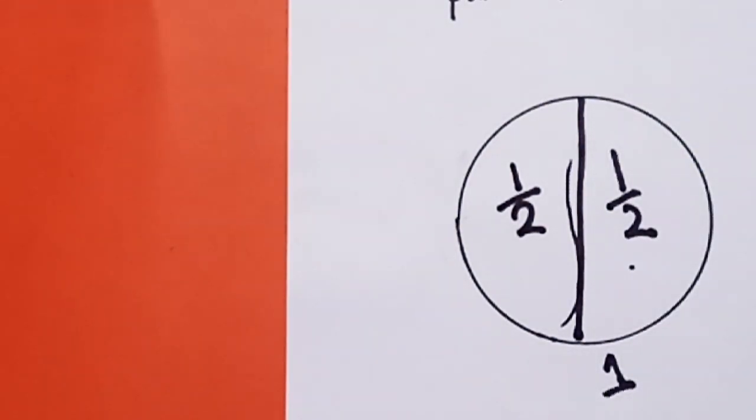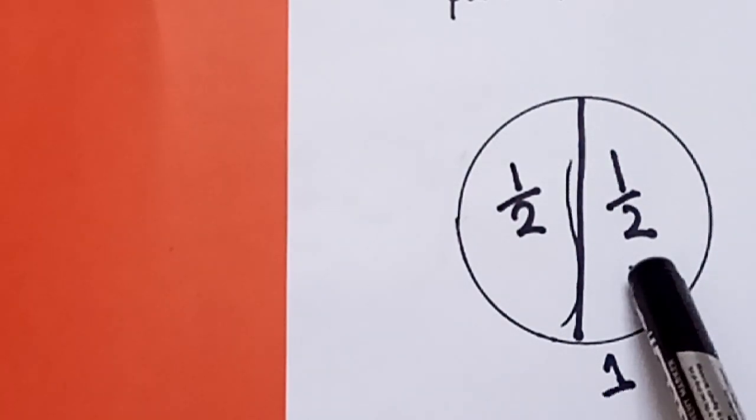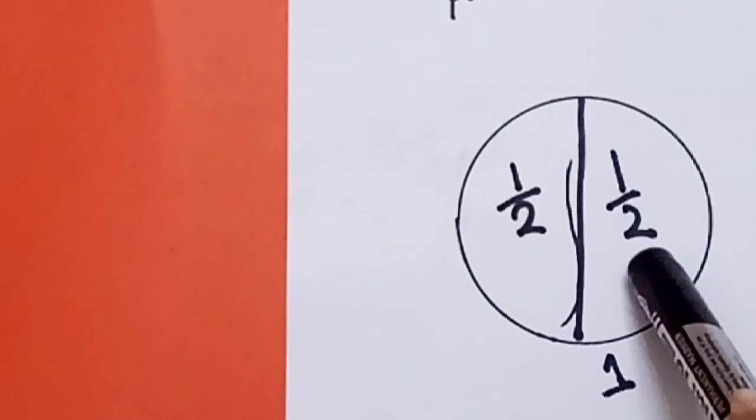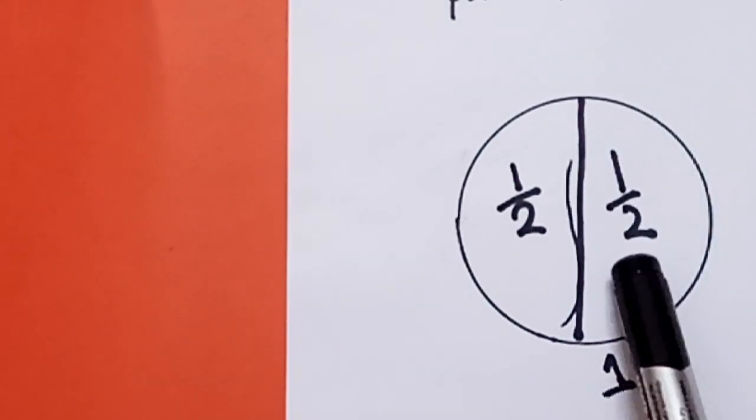We mathematically express or represent broken things, equally broken things with a number, and this number looks like that.